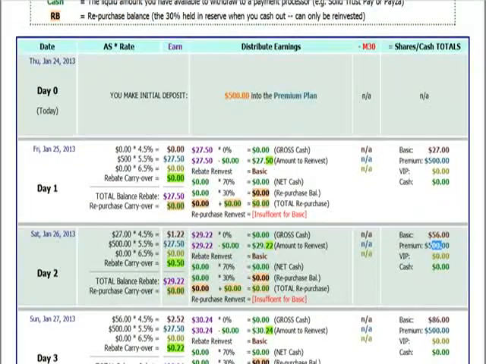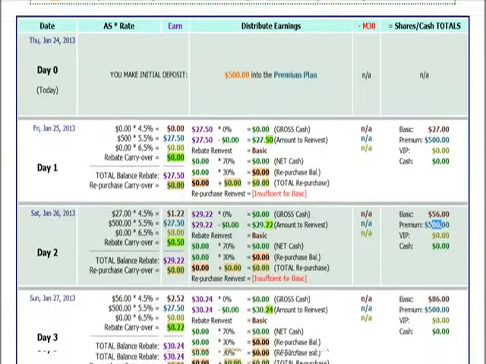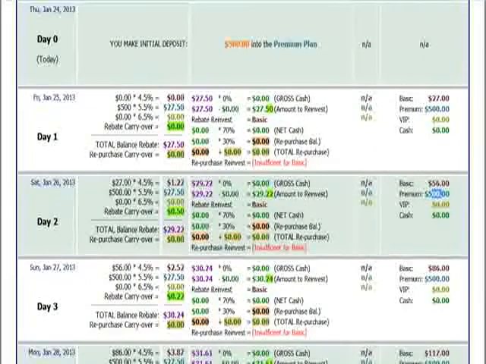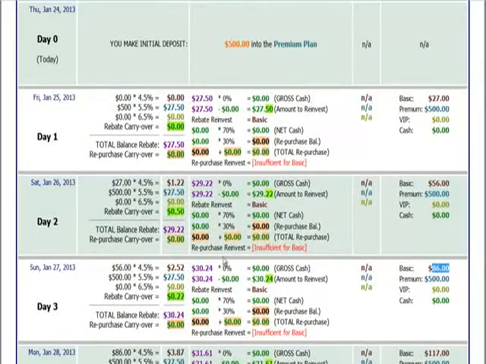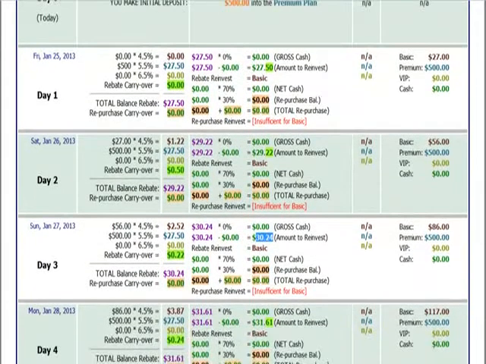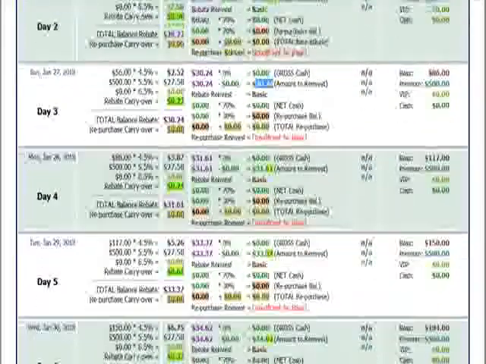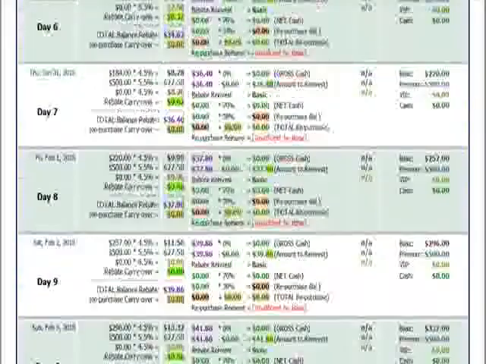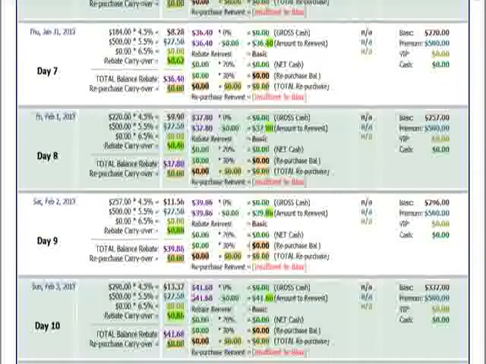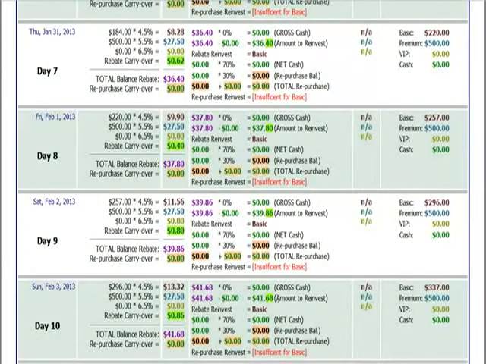So now we can see, as we kind of fast forward through the days, we see that our basic account continues to grow very nicely because we're taking our earnings and reinvesting them, right? We're reinvesting them at a fixed rate of return based on which plan we're in. So let's keep going until we get to day 10. And remember, we said on day 10 was going to be the last day that we don't cash out anything.